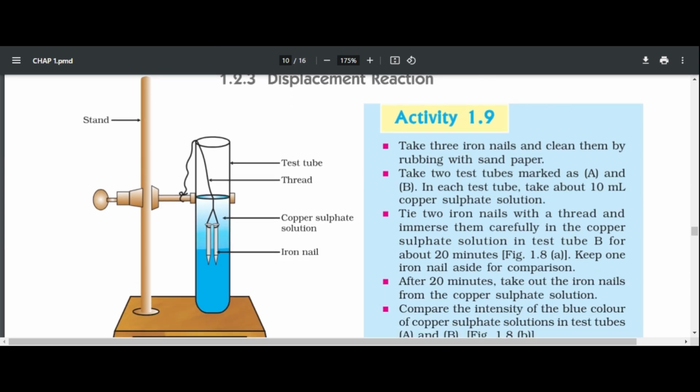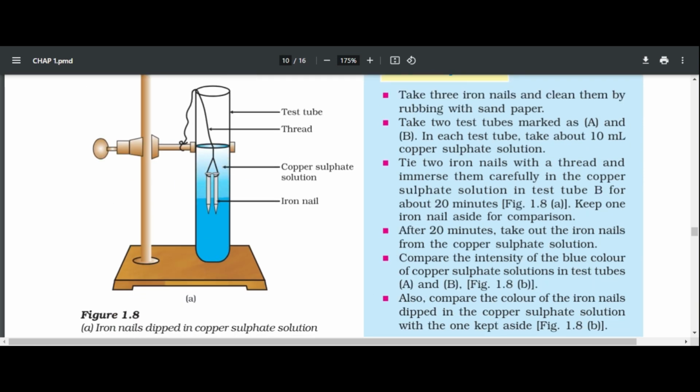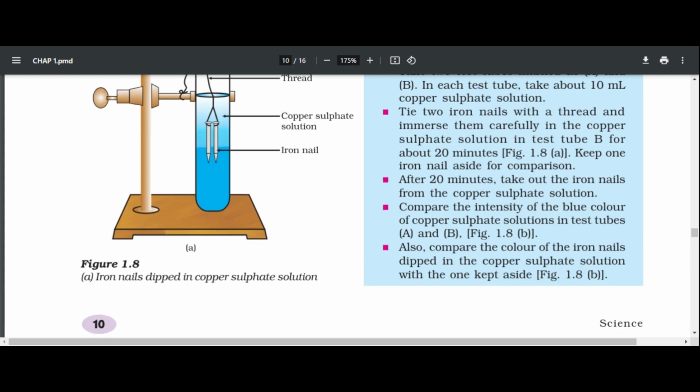Displacement reaction. Activity 1.9. Take 3 iron nails and clean them by rubbing with sandpaper. Take 2 test tubes marked as A and B. In each test tube, take about 10 milliliters copper sulfate solution. Tie 2 iron nails with a thread and immerse them carefully in copper sulfate solution in test tube B for 20 minutes.